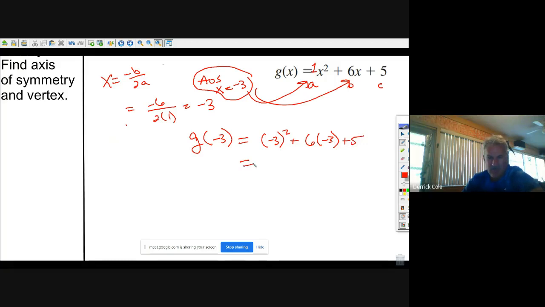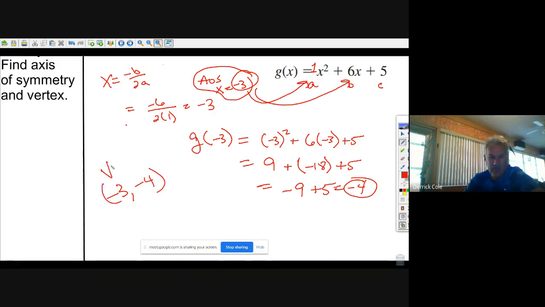Negative 3 squared is positive 9 because it's negative 3 times negative 3. Negative 3 times 6 is negative 18. And I'm going to add 5. 9 and negative 18 is negative 9. Plus 5 is negative 4. Here's my x value. Here's my y value. And that's my vertex.